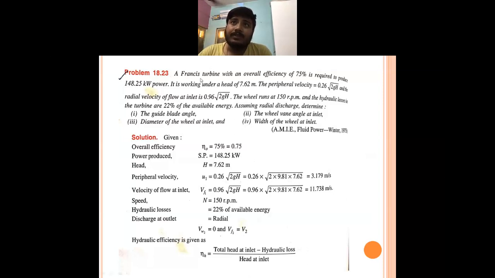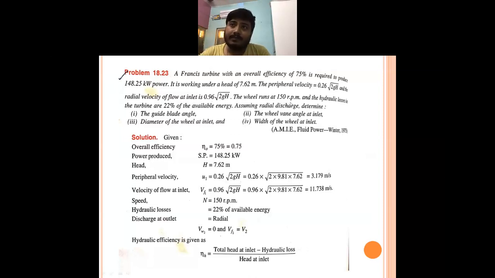A Francis turbine with an overall efficiency of 75% is required to produce 148.25 kilowatt power. It is working under a head of 7.62 meter. The peripheral velocity is equal to 0.26 under root of gh, and the radial velocity of flow at inlet is 0.96 under root gh.